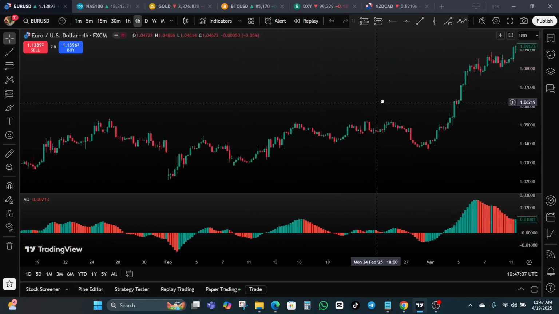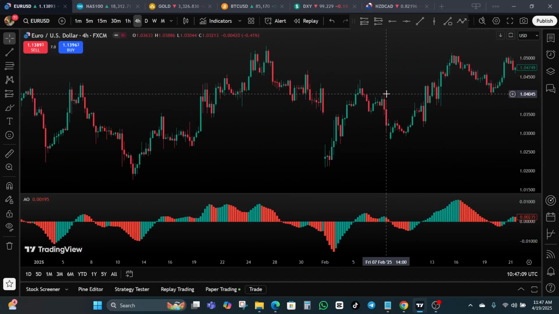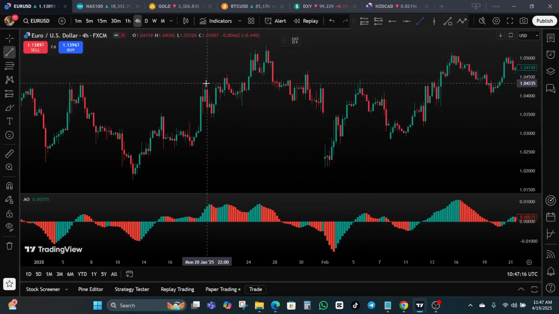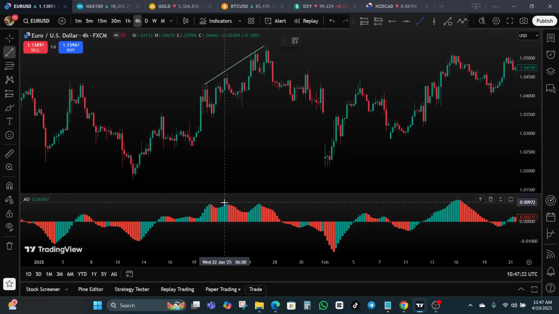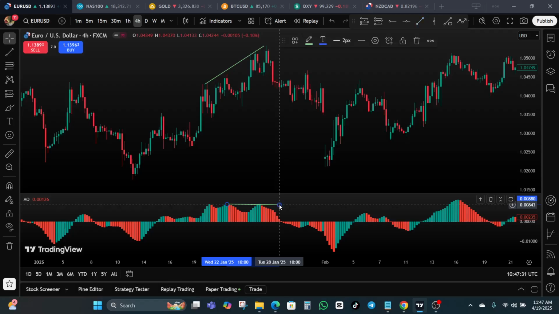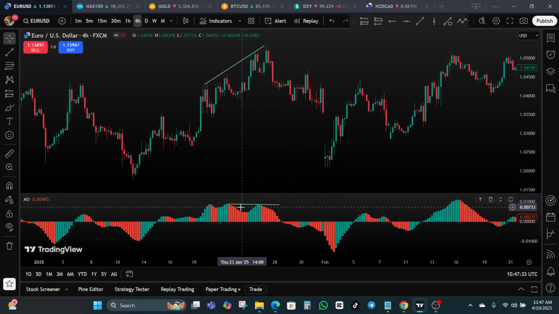I'm just trying to look for a very good example. Now if you look closely, you will see that here price made higher highs, but if you look at the Awesome Oscillator, it is more like the same level, or maybe a very gentle slope.